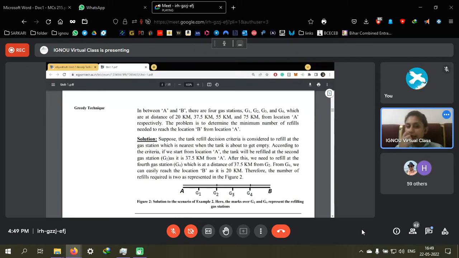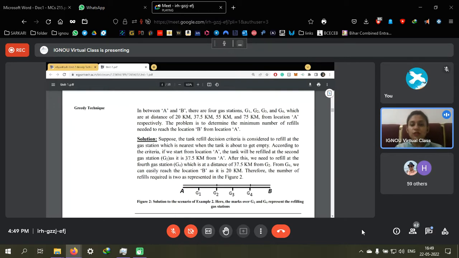So according to the criteria, we are starting from A. The tank will be refilled at the second gas station, that is G2. Right? So from G2, it takes 37.5 kilometers.